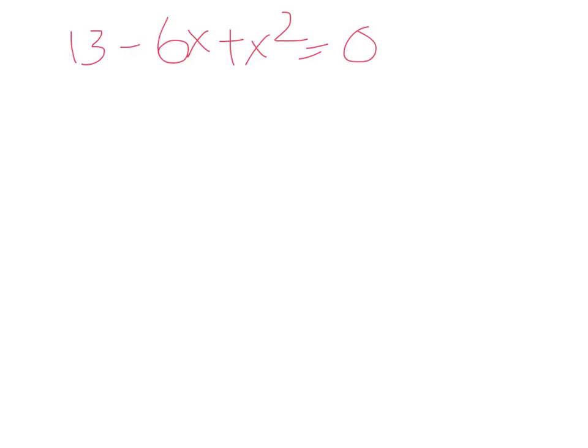So I would rewrite this like this. X squared minus 6x plus 13 equals 0. You don't have to. But the problem is in the top one, what's your A? Still 1, right? I would get a lot of students confused and they would think that the 13 is A because it's first. Okay? I don't ever rewrite them, but if you need to rewrite them, okay? Find the answer to this using quadratic formula.